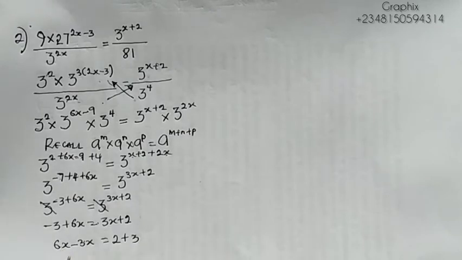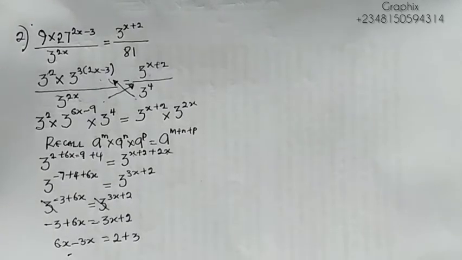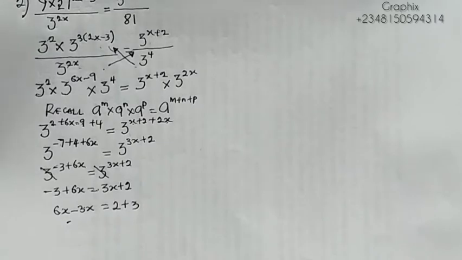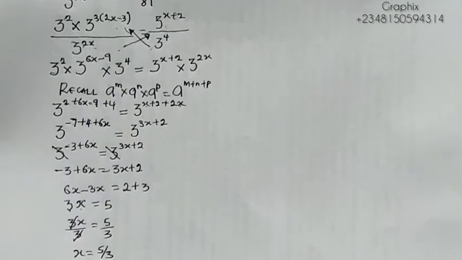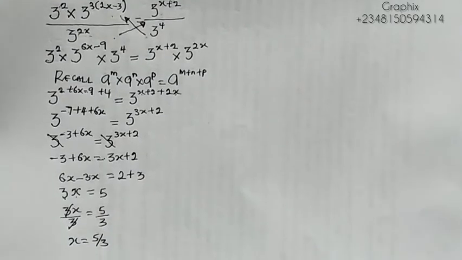So 6x minus 3x will give you 3x equals 5. So I want the x to stay alone, so I'll divide both sides by what is close to the x, which is 3. So I'll be having 3x all over 3 equals 5 all over 3. This will equate this, so x will be equal to 5 over 3. So that is what we're having.